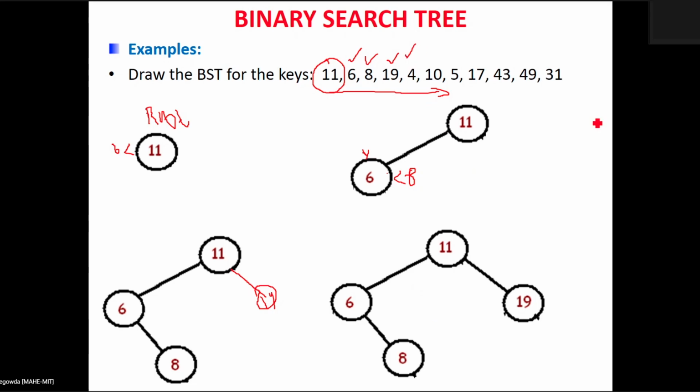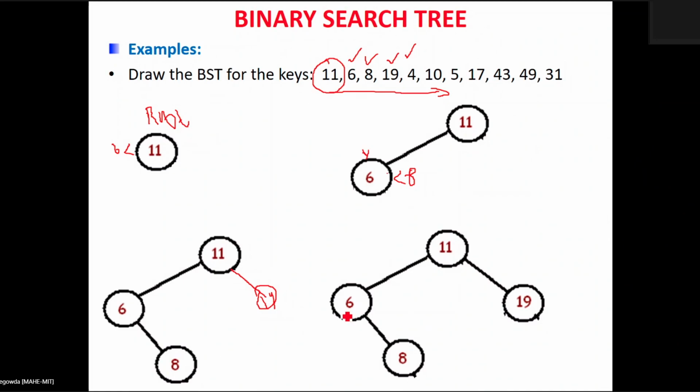Similarly, I have a 4 now. Now what you have to do is compare the 4 with 11. Okay, 4 is less than 11, so traverse left. Okay, compare with the 6. So 6 is greater than 4, which means 4 is less than 6. Then you have to traverse left of 6, but left of 6 is empty.